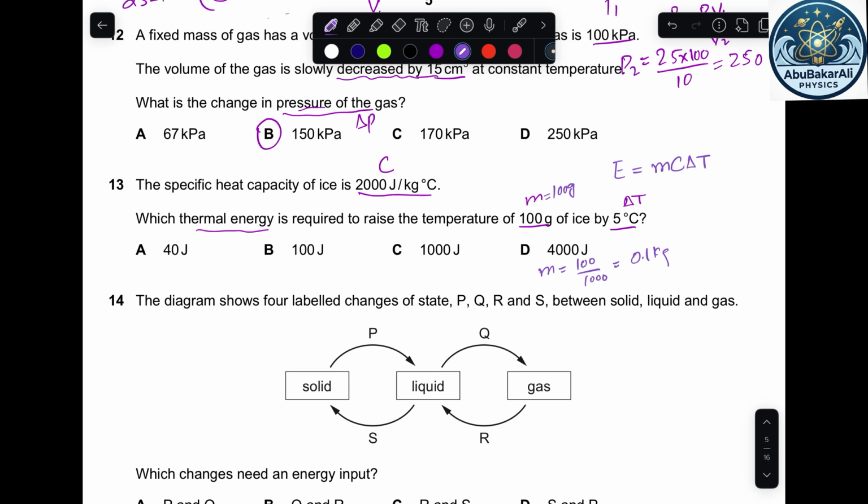It will be 0.1 kg. Now we can put in the values: 0.1 times C, which is 2000, times the change in temperature, which is 5. Doing the maths, 0.1 multiplied by 2000 multiplied by 5 gives 1000 joules. So option C is correct.